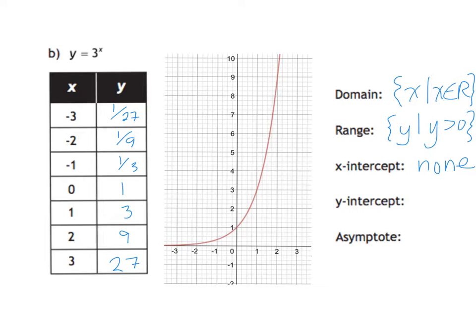The y-intercept? Same, it's at 1. And the asymptote? Same. So the fact that we changed the base from a 2 to a 3 didn't change any of these characteristics of the graph that we're talking about. It did change the way that it looks, right? It increases more steeply than the other one with the bigger base, but it doesn't change those basic features of the graph.